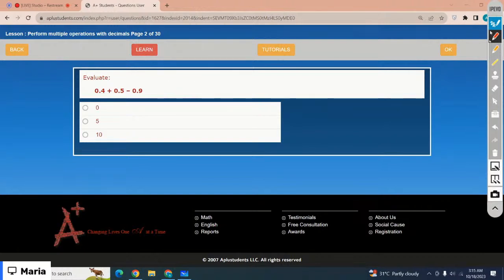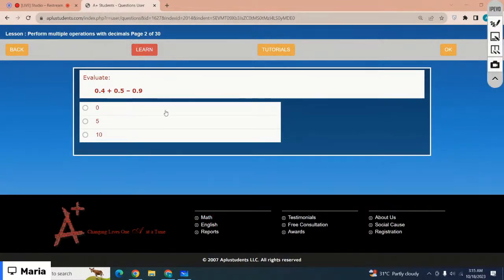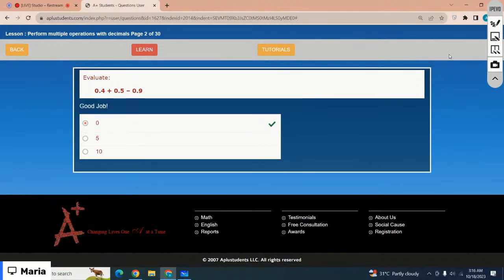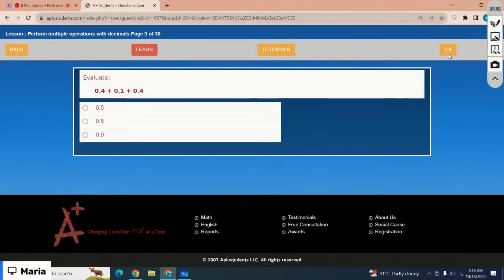So if you have same operations, go from left to right, right? Same means they have the same priority. Addition and subtraction have the same priority, right? Okay, the next one is you have to add, which is the correct option.